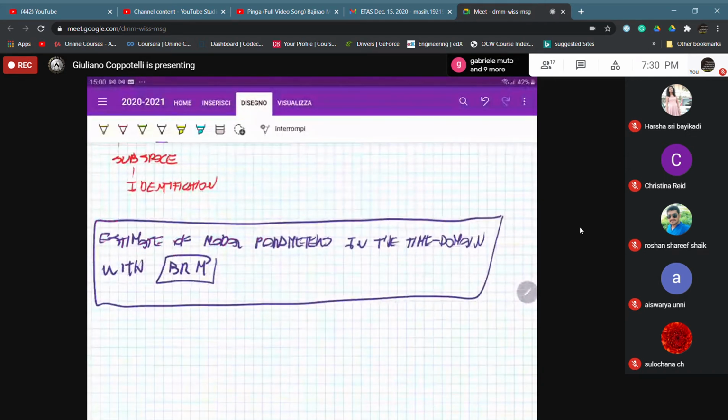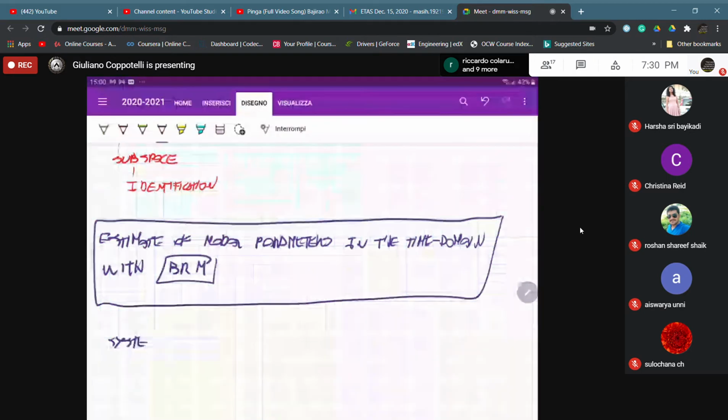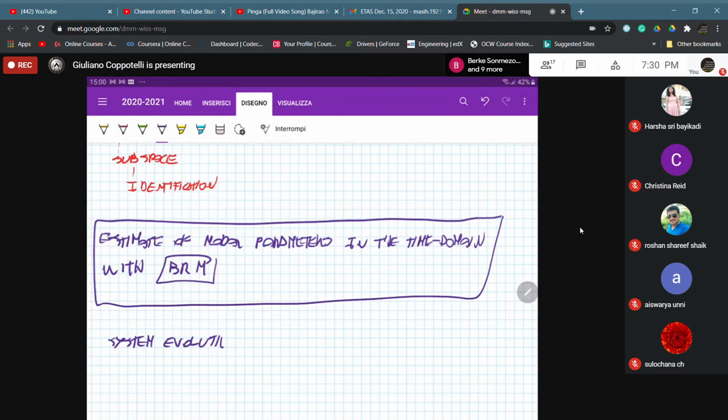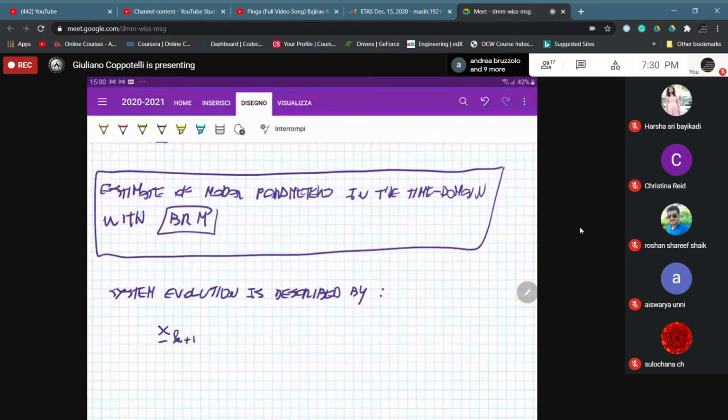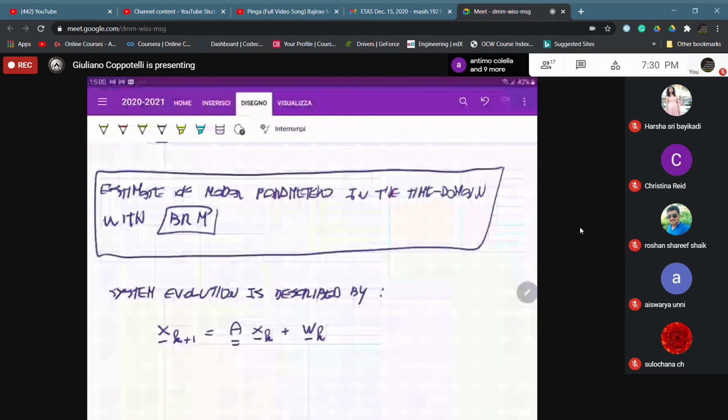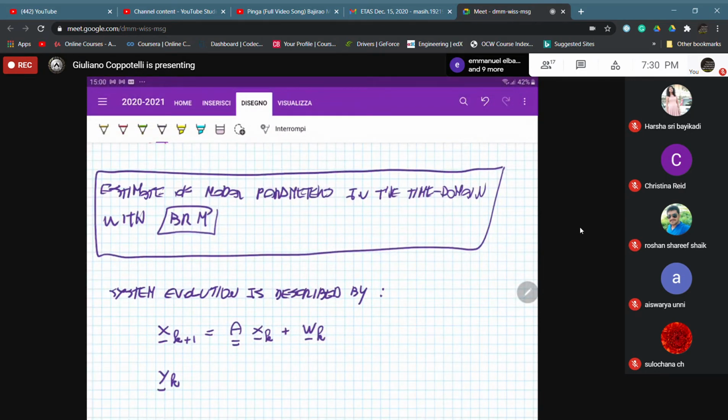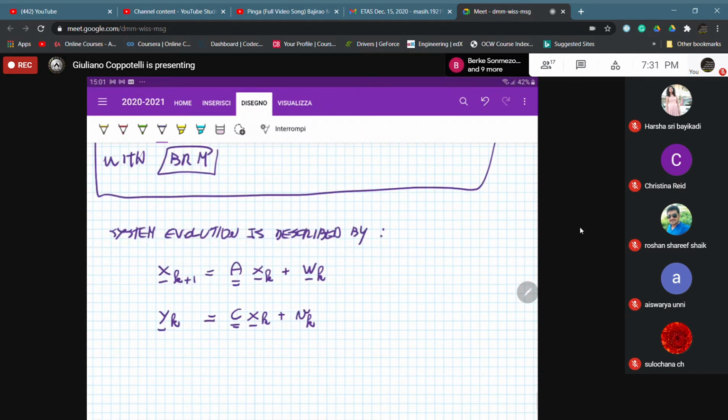Within this approach, your system time domain evolution is described by the very well-known equation: x at time instant k plus 1 is equal to A x at time instant k plus whatever noise, and your output y_k that you observe at the time instant k is given by the response matrix C times your x_k plus whatever noise. So that is your basic equation.